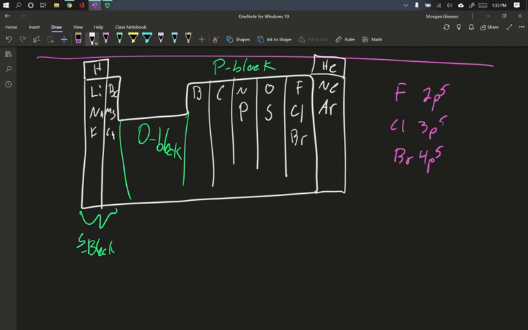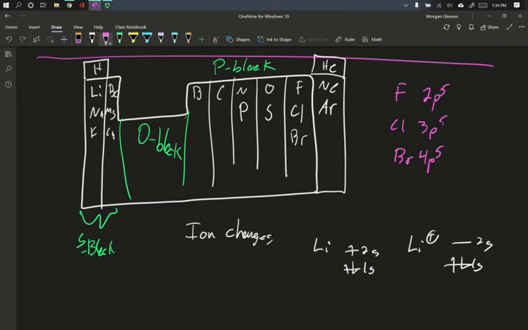This, however, also lets us see a couple interesting things, like ion changes. Sodium, potassium, lithium, they all become +1 ions. If we want to think about why: lithium is 1s2 2s1, 3 electrons. Lithium plus is 1s2, 2 electrons. When you lose an electron from lithium, you lose it from its highest orbital. The Z effective of the lithium 2s is 3 protons minus 2 core, for +1.